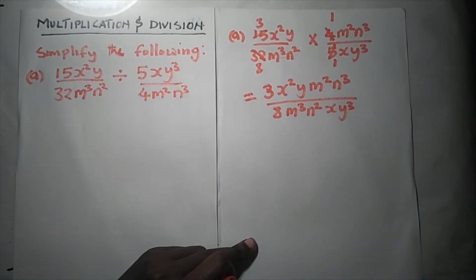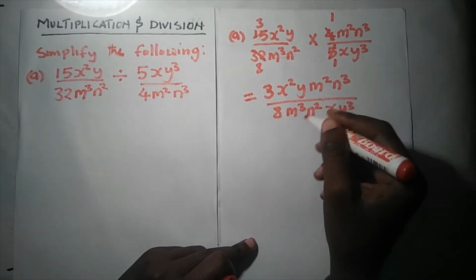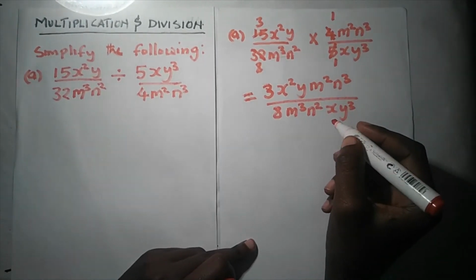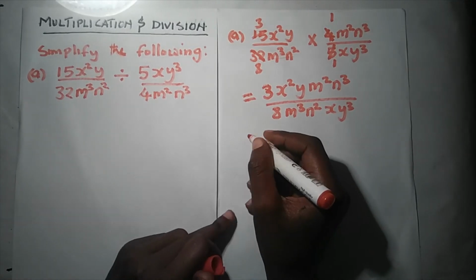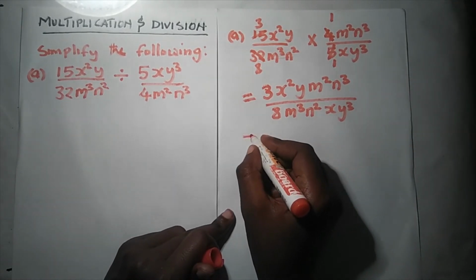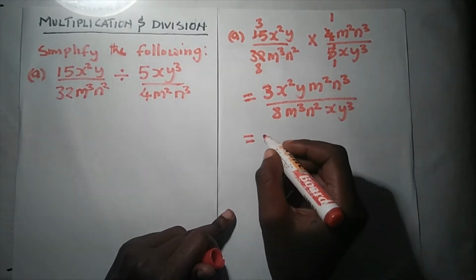Okay, so at this stage now, we can actually divide the letters. We can cancel out some letters here, or maybe the simplest way you can do it is just expand these letters that you have.